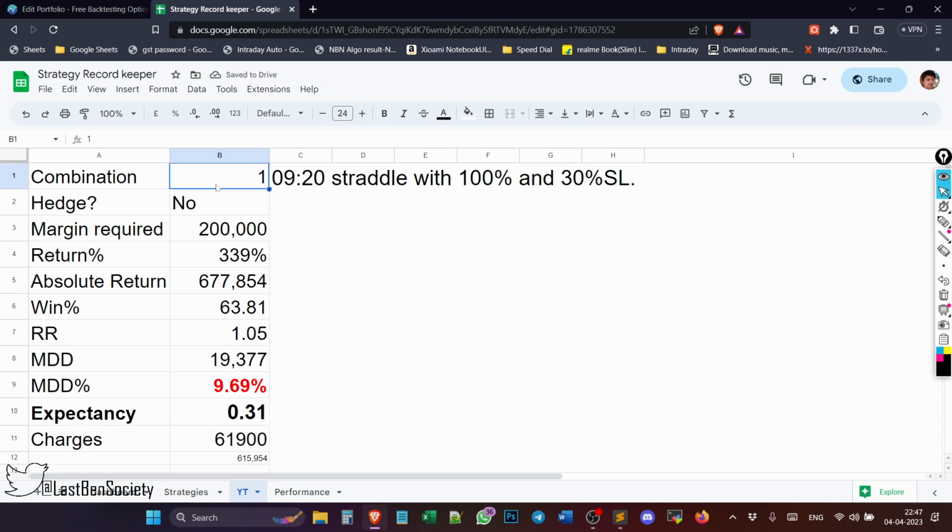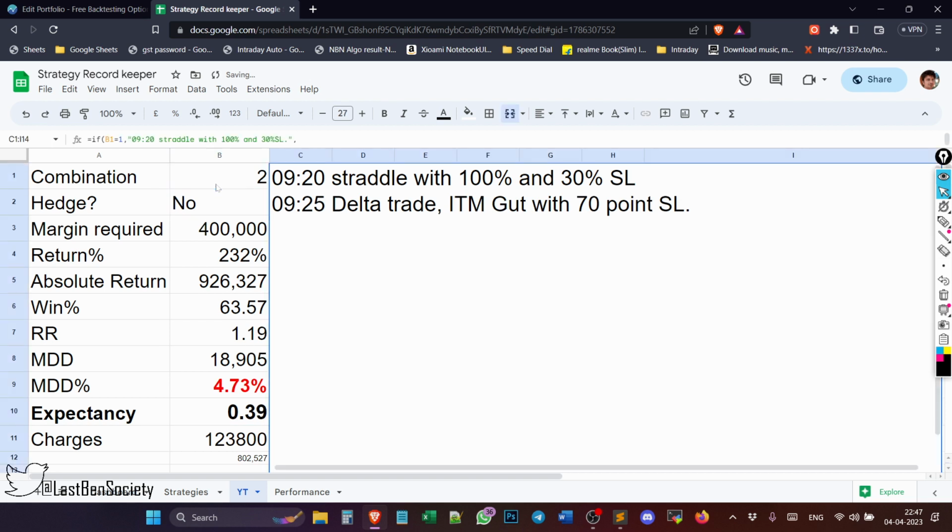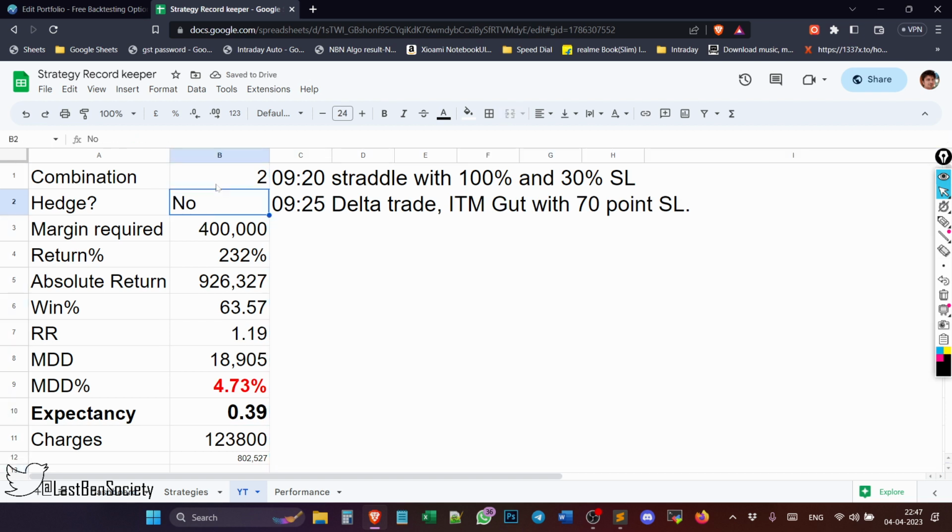Now I will try the second setup, that is the 9:20 again, the same thing, 100% and 30%, and a 9:25 delta trade ITM gut with a 70 point SL. Now you see the margin required has gone up, it's 2 times because now you are taking 2 trades in parallel.